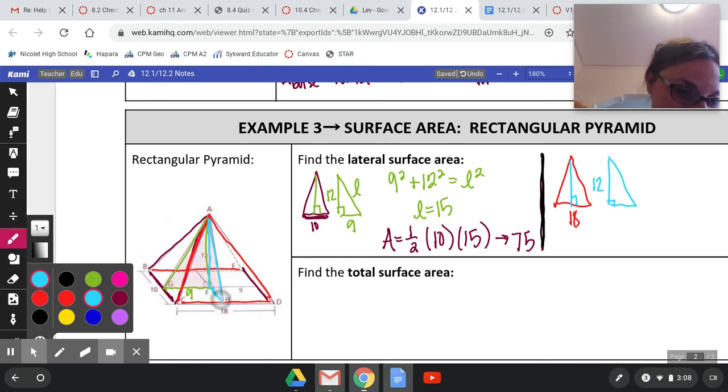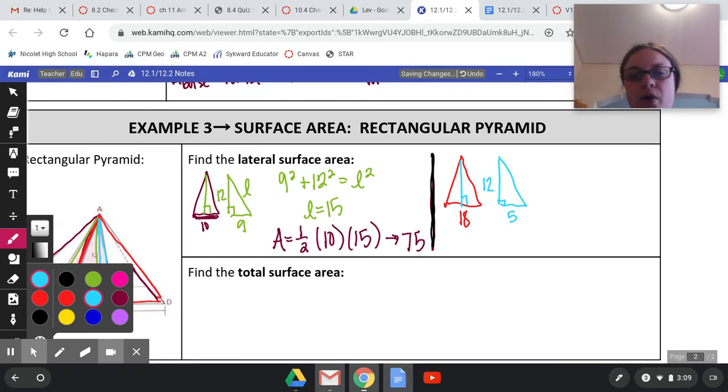And I know that this base right here is going to be half of the 10, which is 5. So once again, I have a Pythagorean triple, or I can do Pythagorean theorem: 5 squared plus 12 squared is another slant height squared.